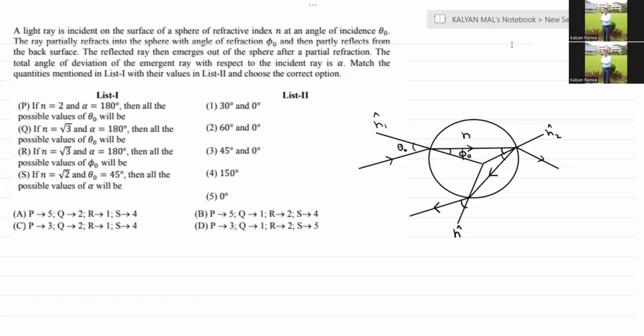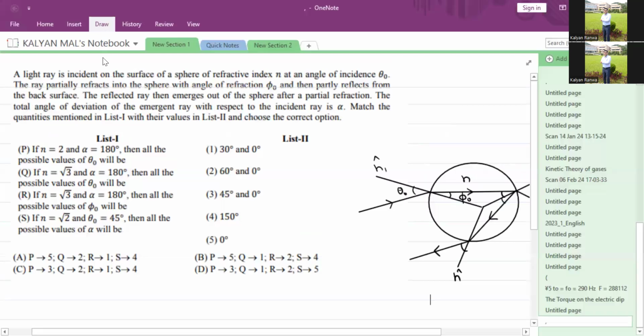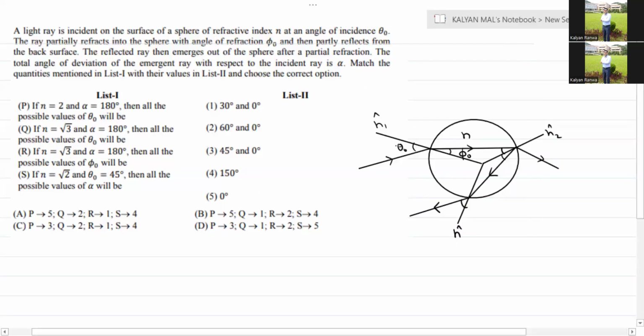The question states that light is incident on the surface of a sphere of refractive index n at an angle of theta naught. Light is incident here, and we draw the normal N1 from the center. This is the center of the sphere.